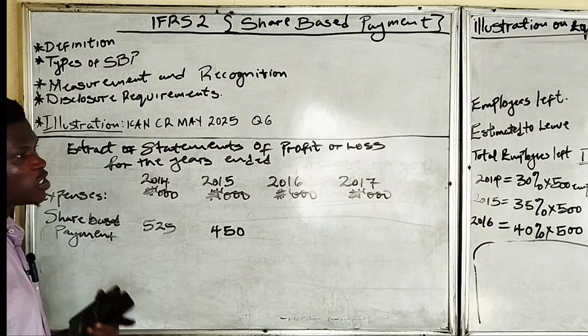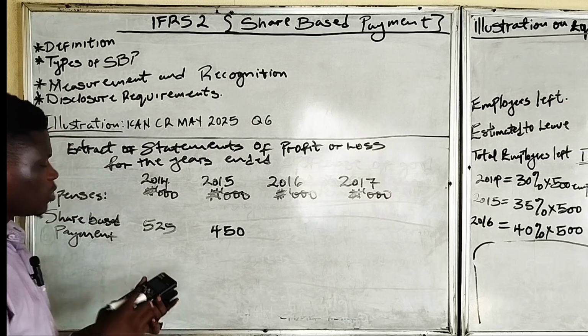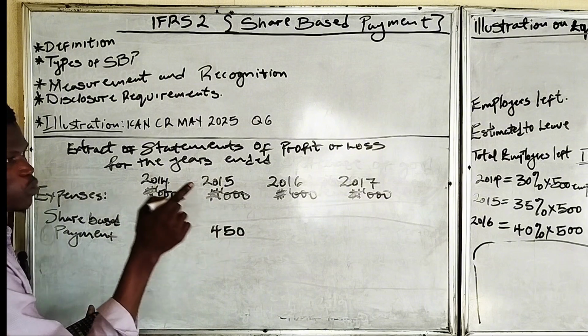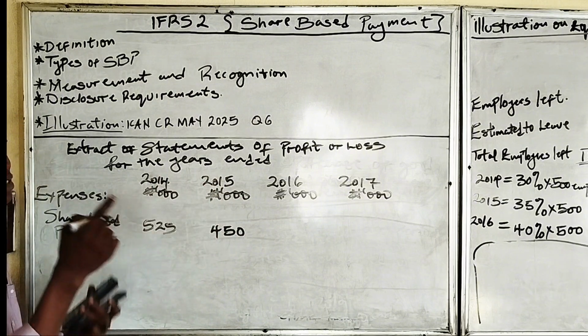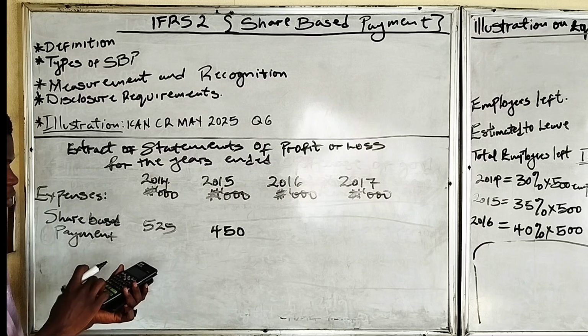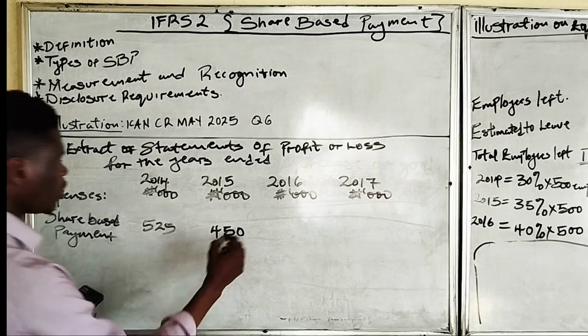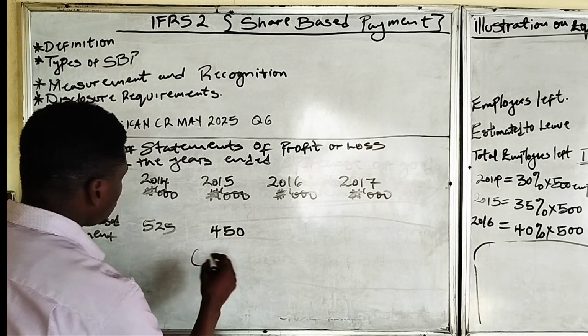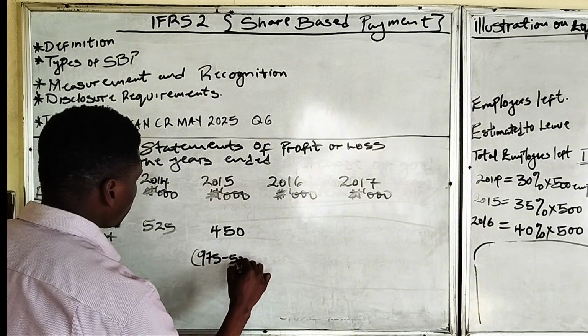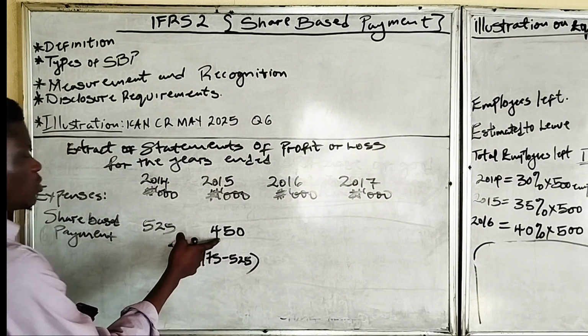Then for 2016, we have a total of 1,350,000, but it includes that of 2015. 2015 has 975,000, which will be deducted from it. So here, let me just put it so that we'll be able to relate to it. 975 minus 525. That's what gives us 450.